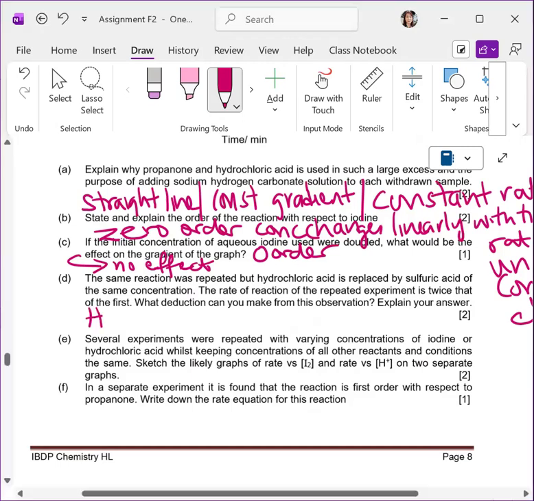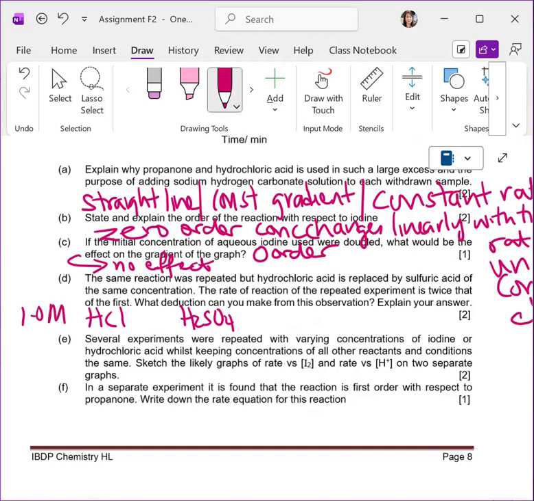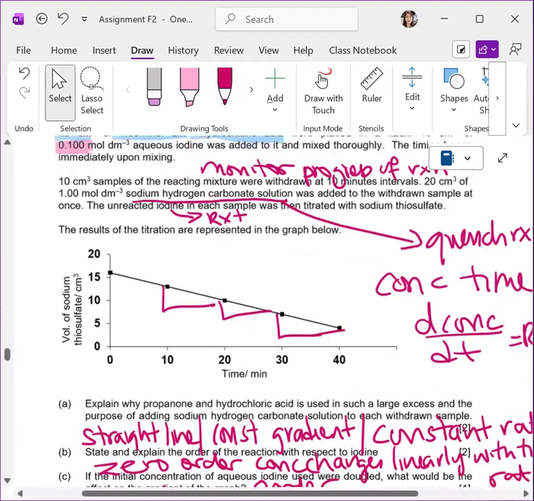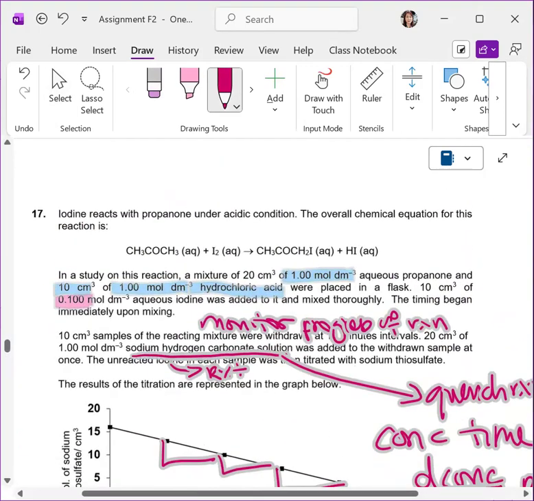So if you look at HCl and you look at H2SO4, 1.0 M of HCl will have 1.0 M of H+. So you go back to here, it's 1.0.